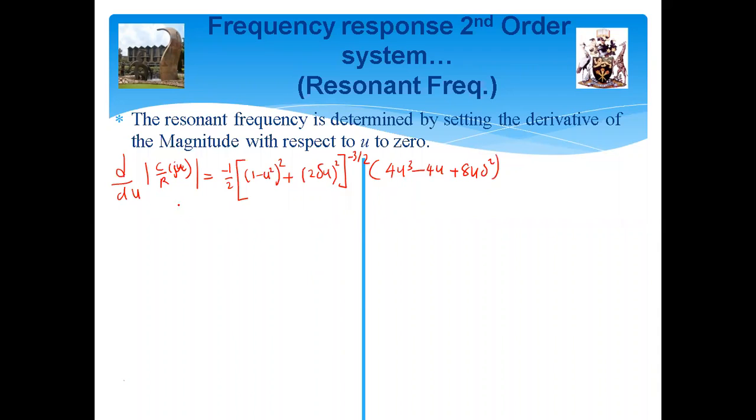For us to get the maximum magnitude, we need to set the derivative to 0. When you set this derivative to 0, this denominator will disappear, because it multiplies 0. So we'll end up with 4 equals 0.